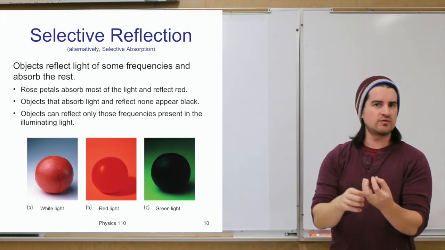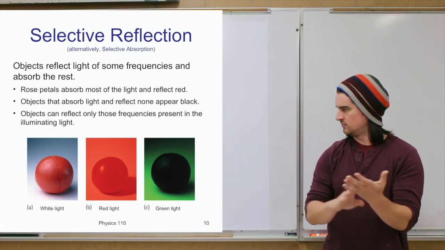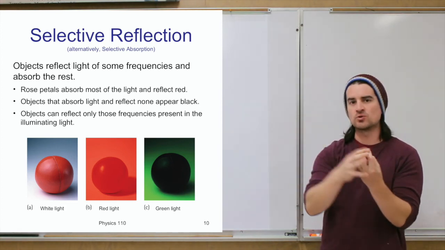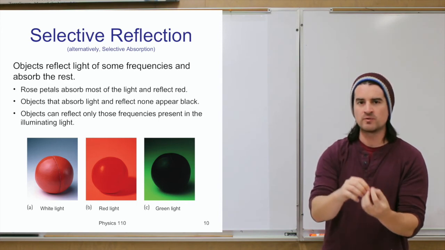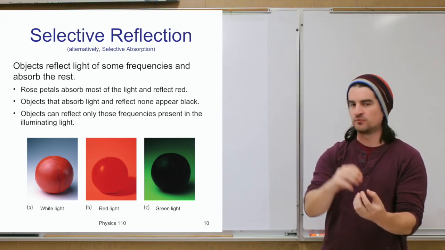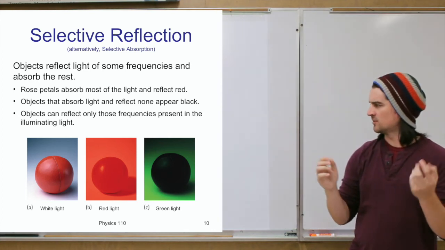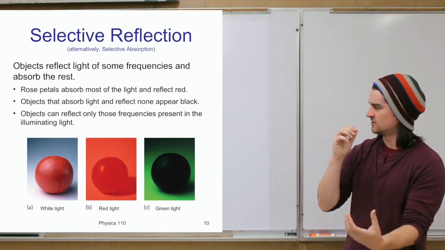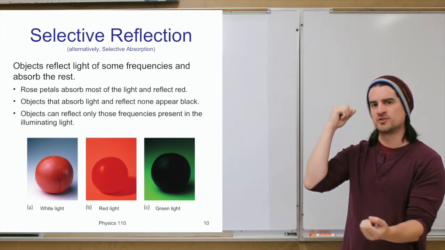Then all of the other colors, blue, yellow, green, violet, are being absorbed by that red surface, and only the red wavelengths are being reflected or re-emitted. But just think about it as being reflected off of that surface. So all of these other photons come in, and only the red photons are bouncing off.